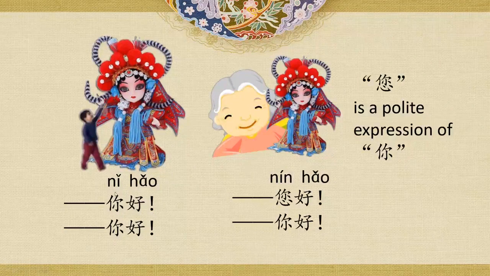And this 你 here, when you say it single, 你 means you. And 好 means good. 好 means good, like wishing you everything be nice, be good. 你好 is the greeting we use in Chinese. And 您 is a polite expression of 你. So she used 您好, this 您, to show her respect to the old lady.